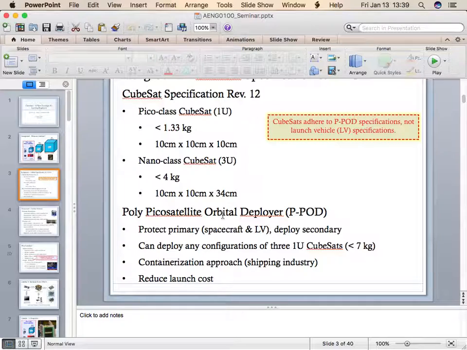So what you do is you put your satellite in a container and attach that container to the launch vehicle. That container is called the PPOD. The size of that container is slightly bigger than a 3U form factor CubeSat. Got it? So what is the size of the PPOD?